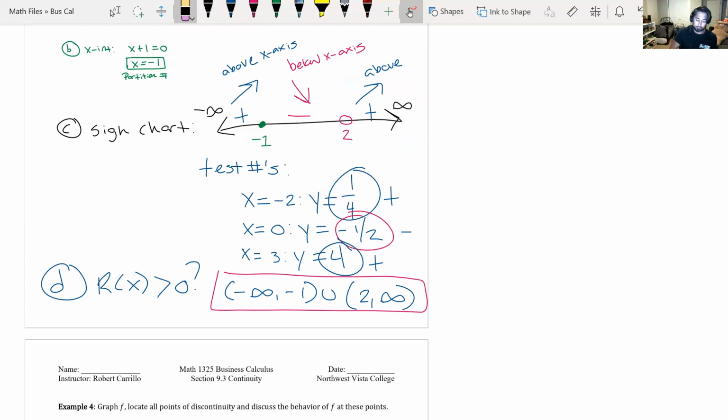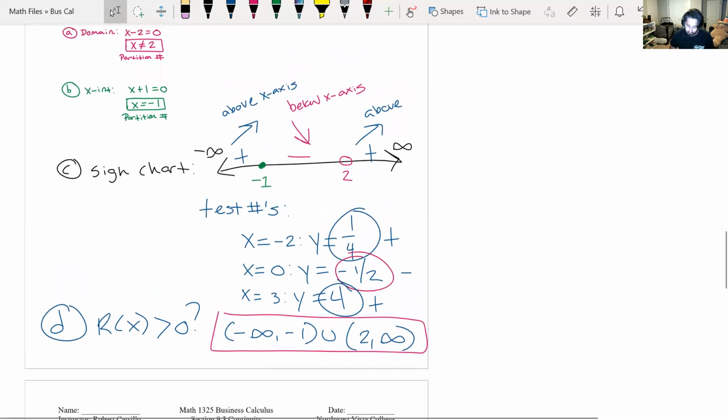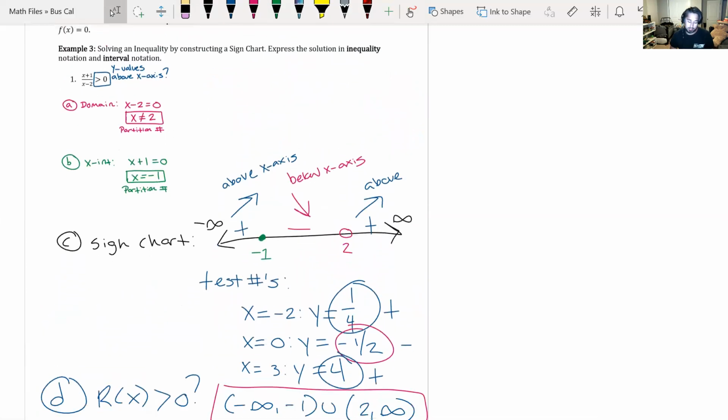Whew, right? Oh yeah, what did it want? It said, express the solution in inequality notation and interval notation.